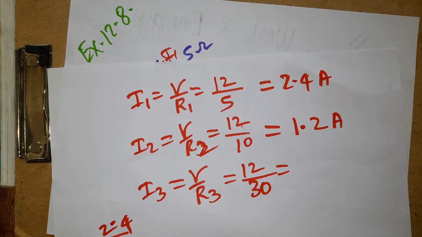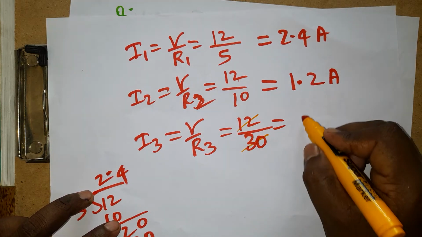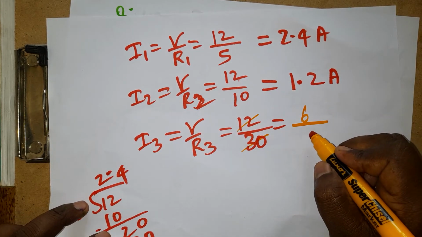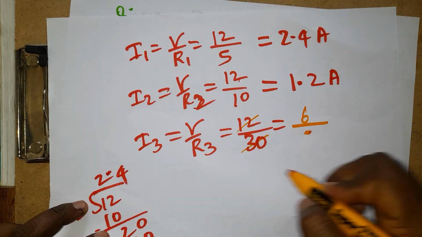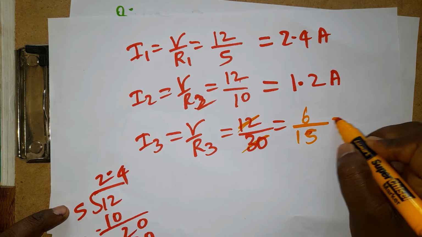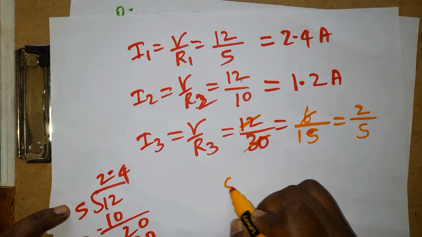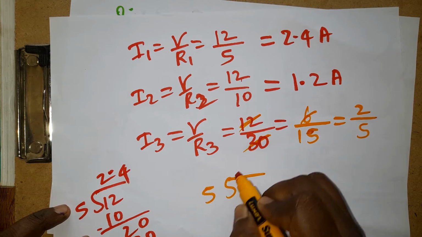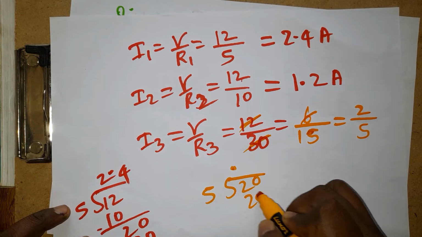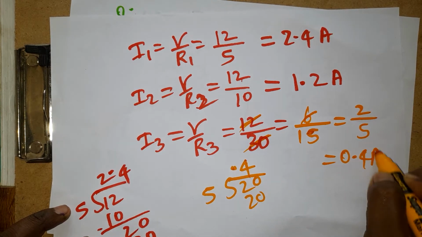Now I'm going to find I3. I3 is 12 divided by 30. 6 divided by 15, which is 2 divided by 5. That is 0.4 ampere.